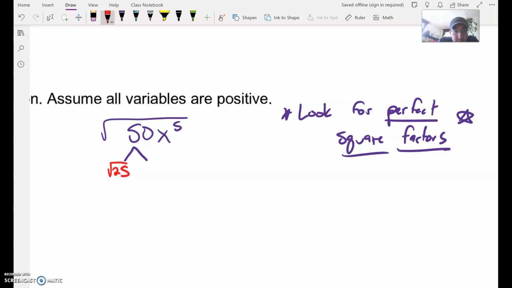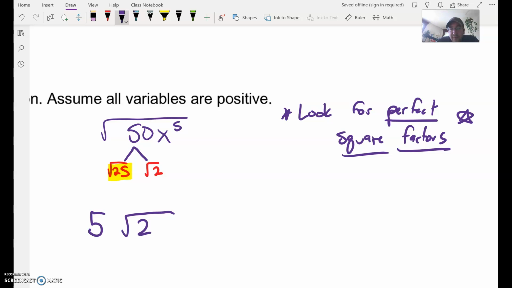So the square root of 50 is the same thing as the square root of 25 times the square root of 2. The fact that root 25 is a perfect square, that's why I chose it. The square root of 25 will give me a 5 out here, because it simplifies. This square root of 2, on the other hand, will stay underneath, because it cannot simplify.